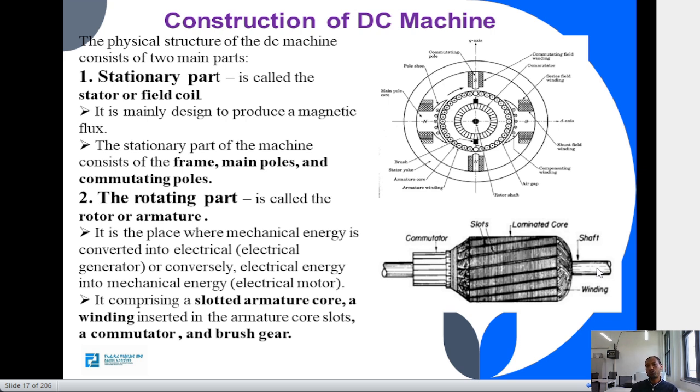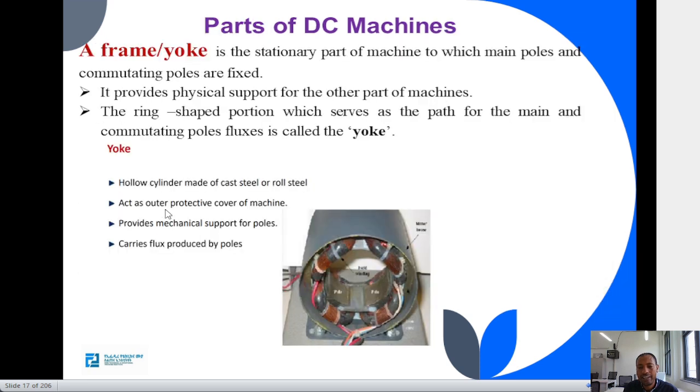Electrical machines have two main parts: the stationary part and the rotating part. Let us see them in detail one by one. What is the frame or yoke? It is the stationary part of the DC machine to which the main poles and the commutating poles are fixed.